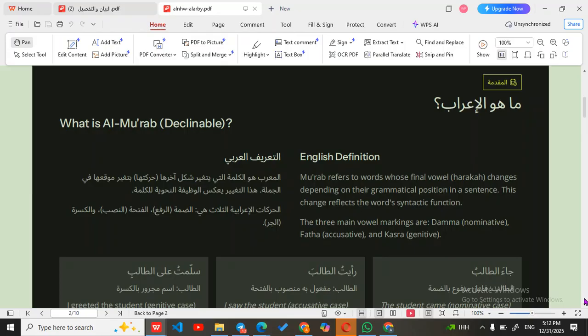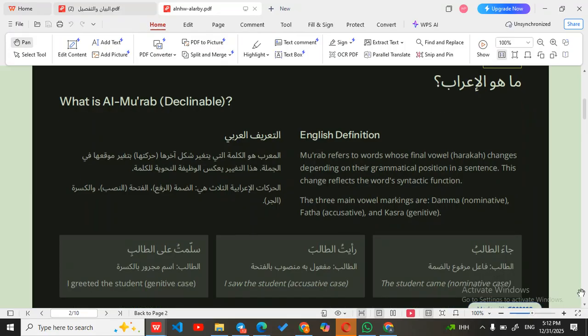Now, at-ta'rifu al-arabi. المعرب هو الكلمة التي يتغير شكل آخرها يعني حركتها بتغير موقعها في الجملة وهذا التغيير يعكس الوظيفة النحوية للكلمة. Mu'rab, the declinable word, refers to a word whose final vowel, which we mean is haraka, either fatha, kasra, damma, or sukun.